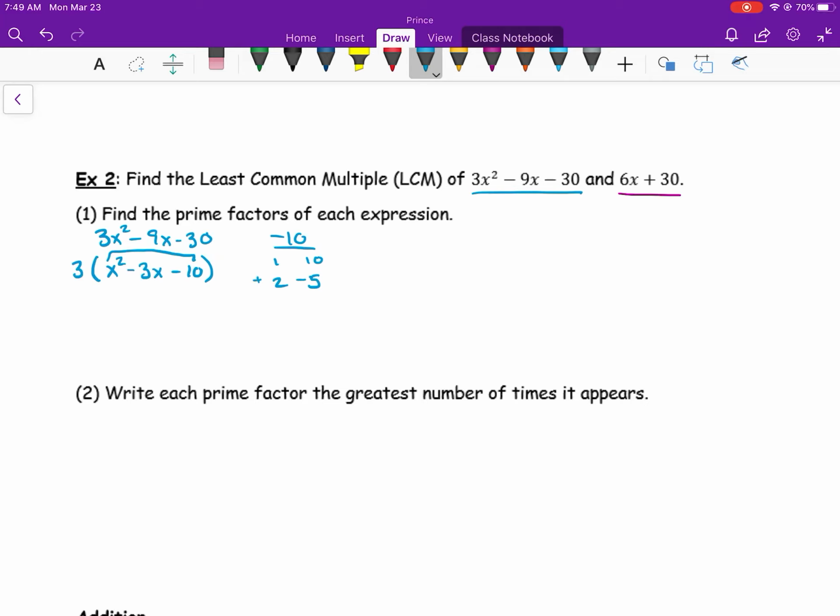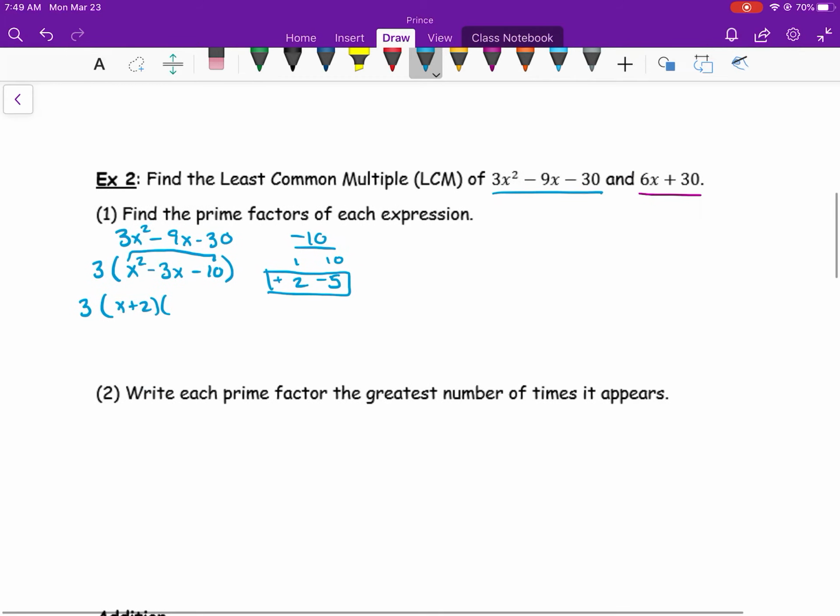Looks like a positive 2 and a negative 5 make negative 3. So it'll be 3 times x plus 2 times x minus 5. And 3 is prime, so I can't break that down any further. So that one's done.